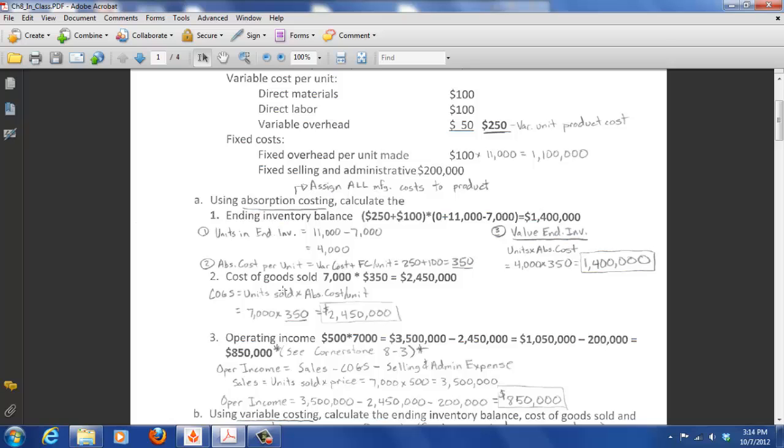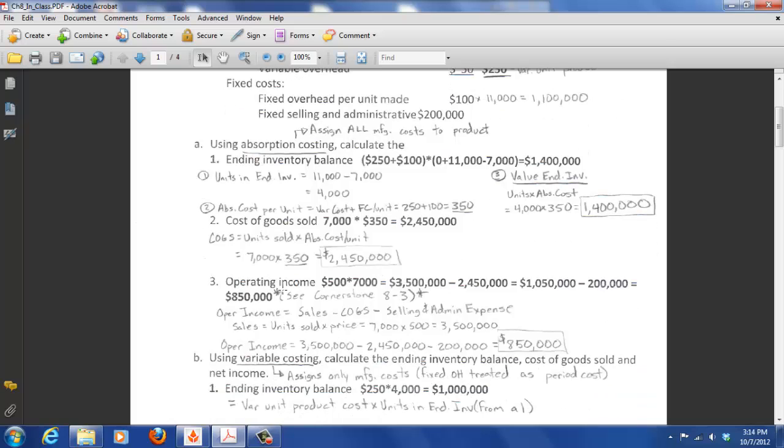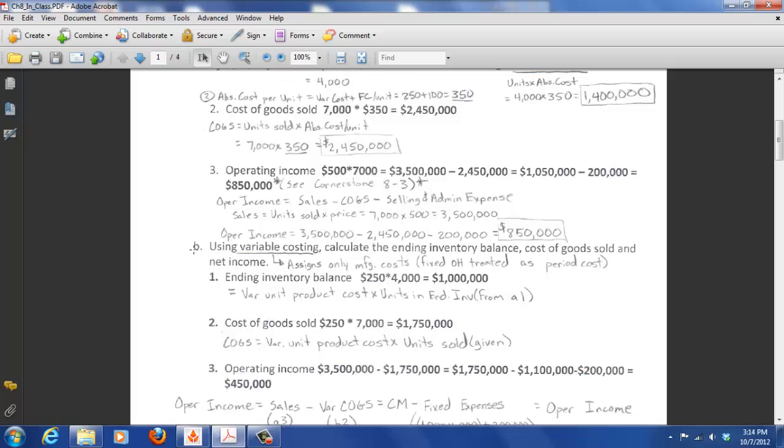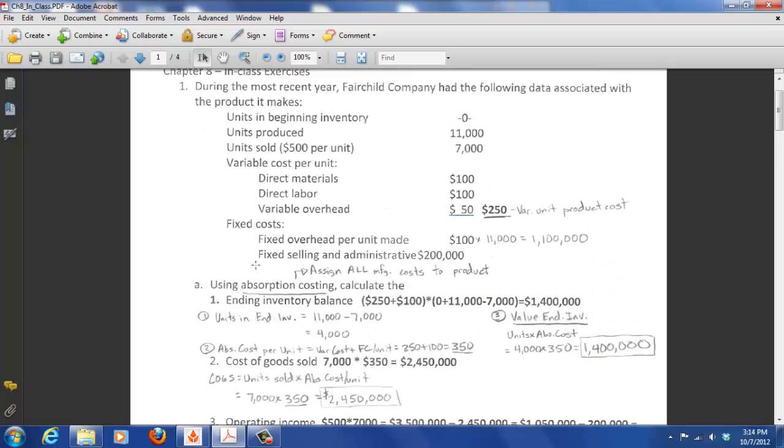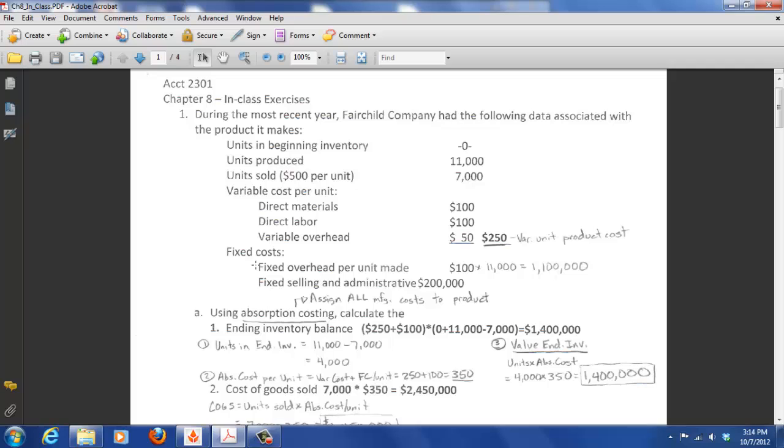Looking at what the question is asking for, we're first going to use absorption costing in problem A, and then in problem B, we'll calculate using variable costing, so we can start to see the differences between these two methods. So let's jump right in.